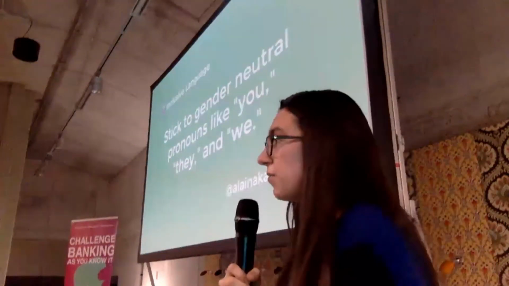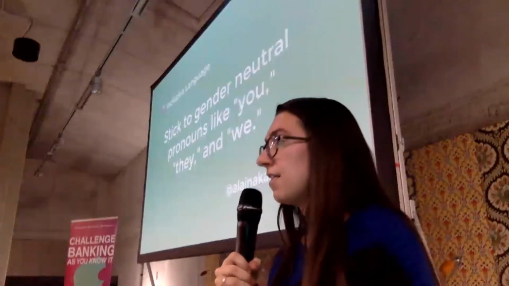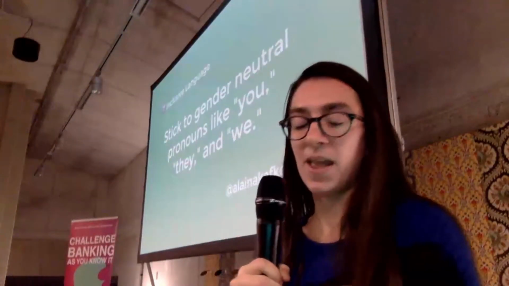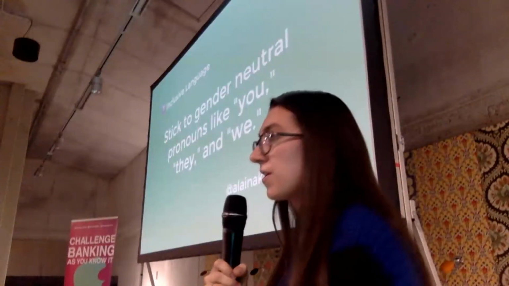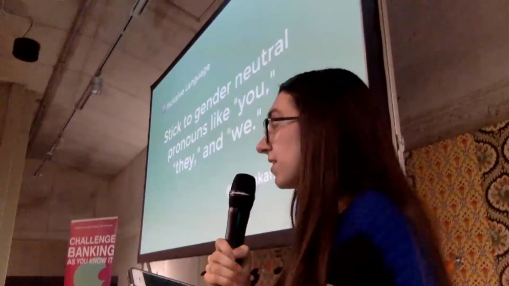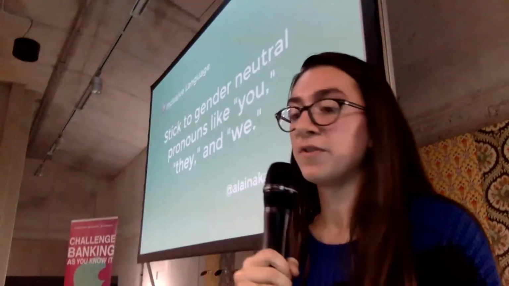So another thing that you can do in proofreading is to stick to pronouns like you, they, and we, rather than he or she, for instance. And this sounds relatively easy, but there are other ways that your unconscious biases might sneak out. So something that you could do is ask a trusted coworker to read through your writing and help you tease some of those out of your tutorial.